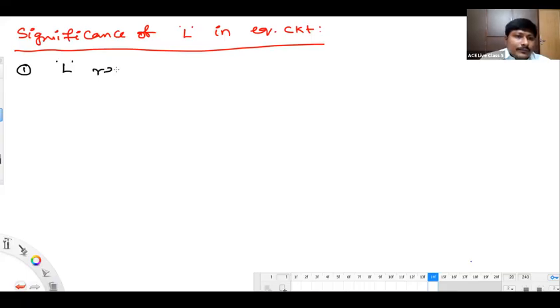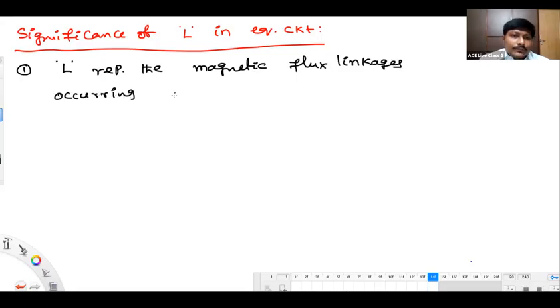L represents the magnetic flux linkages occurring in the conductor.